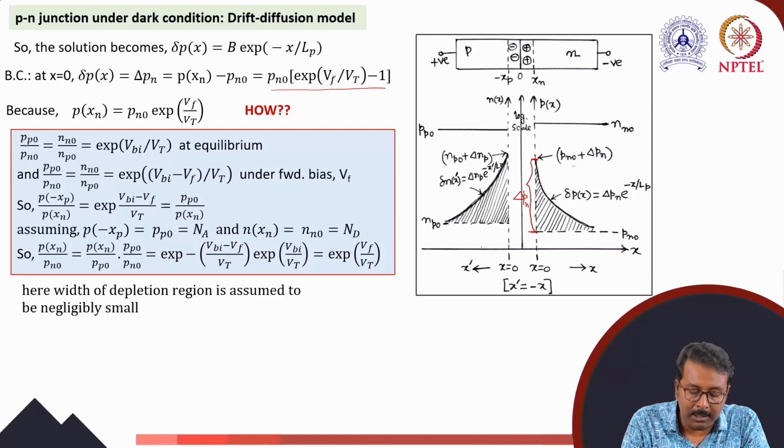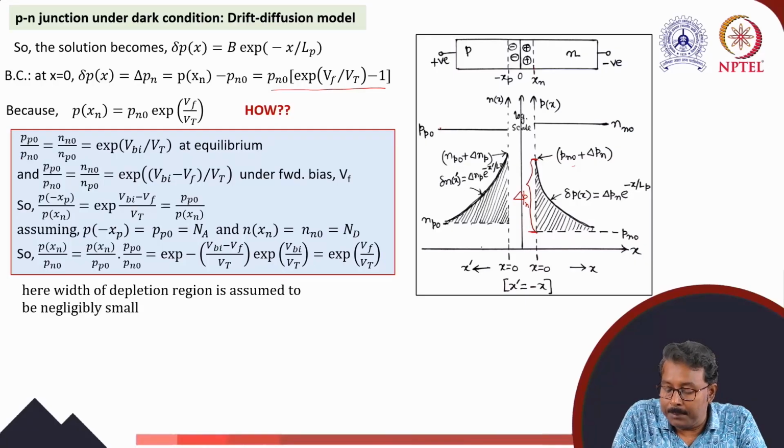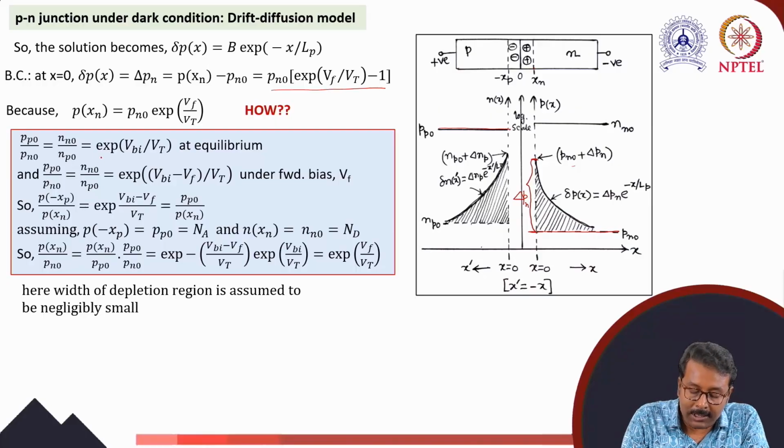It is the majority hole concentration in the p side divided by the minority hole concentration in the n side. The relationship between pp0 and pn0 is governed by the equation exponential Vbi by Vt.